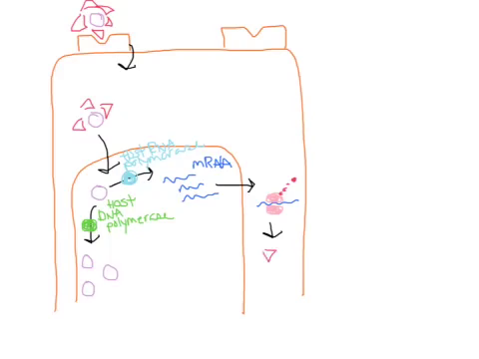So here I'll draw pieces of the capsid protein. Guess I don't need to color them in. I didn't previously. So here you have capsid proteins that are then transported back into the nucleus.